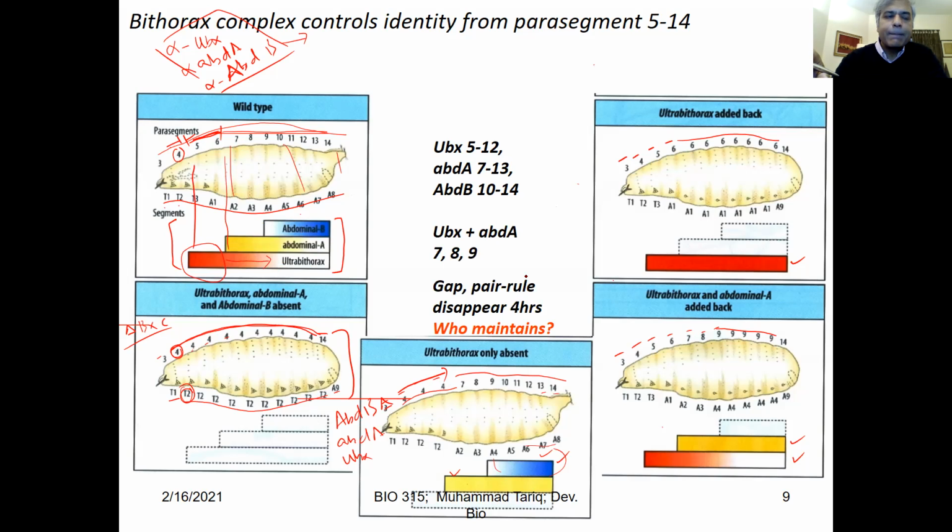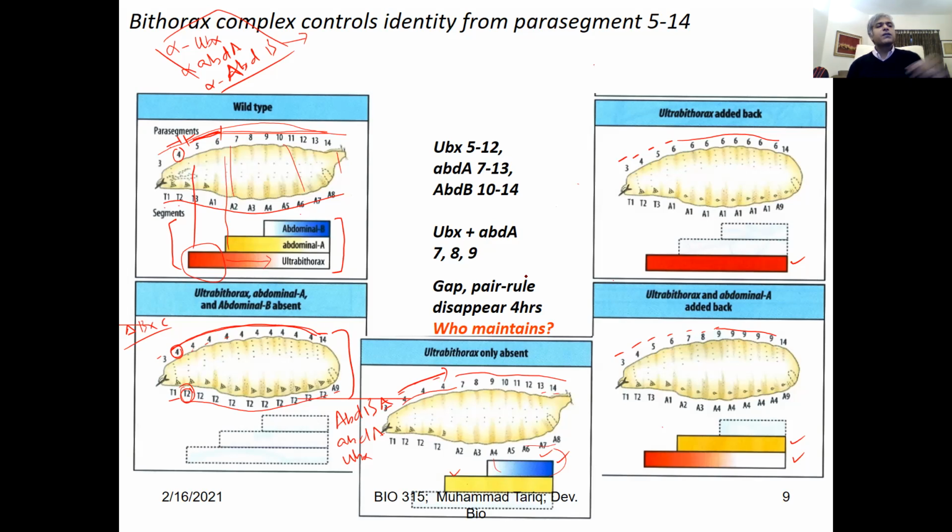Okay, so I have a question. Is that because each homeotic gene of the bithorax complex is basically suppressing the other one? Like ABDB is suppressing A and then A is in turn suppressing the UBX. Is that because we see here that parasegment 14 is still there when all three are absent in the second image? So is it because parasegment 14 is there because of the expression of ABDB, and not because ABDA is being suppressed by B?